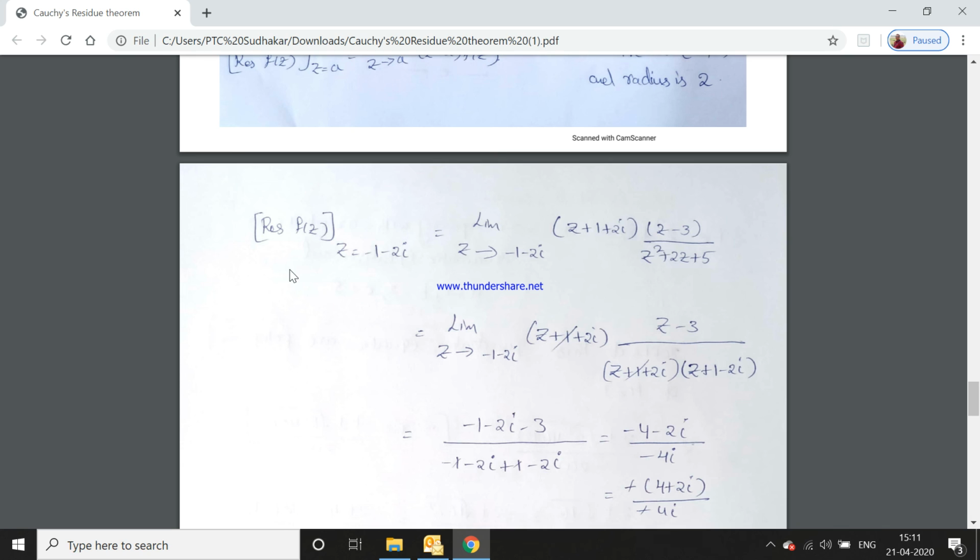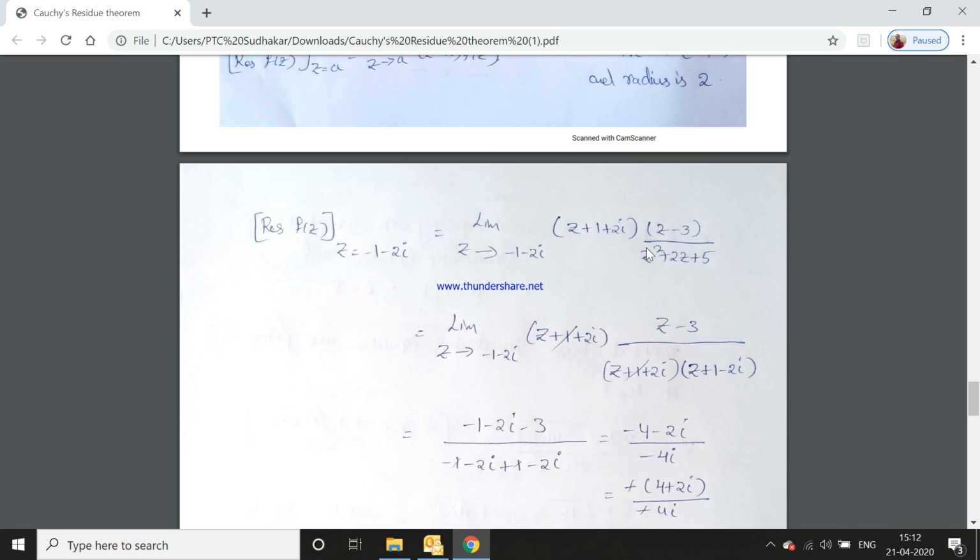That is, residue of f of z at z is equal to minus 1 minus 2i equals limit z tends to minus 1 minus 2i of z minus a, where z minus a is z minus of minus 1 minus 2i. It becomes z plus 1 plus 2i into f of z, which is z minus 3 by z square plus 2z plus 5.